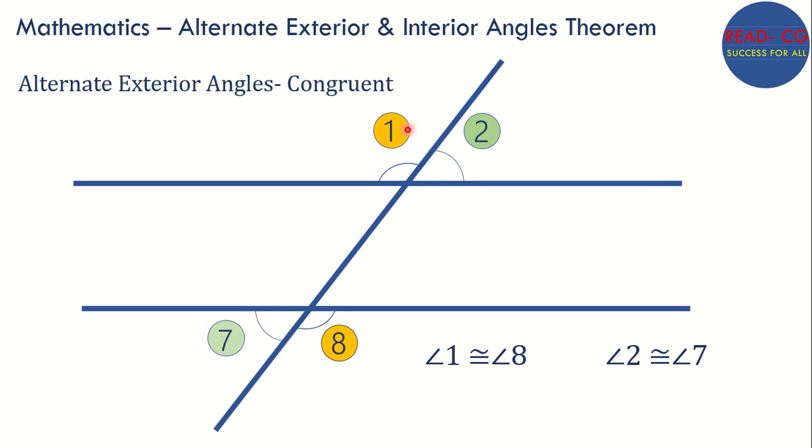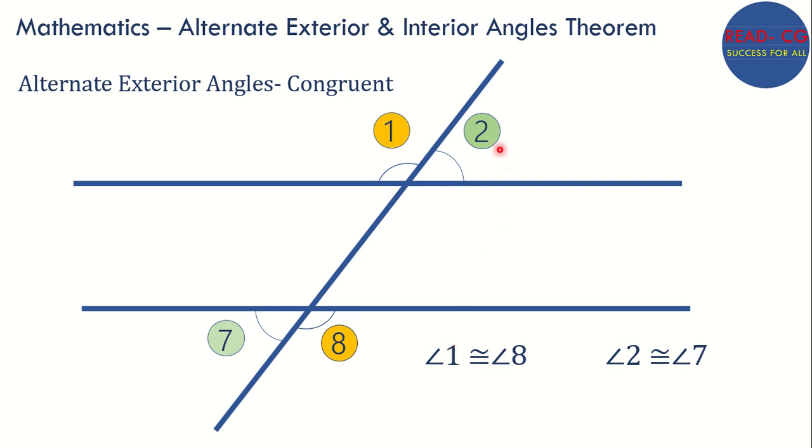So here 1 and 8, these two angles are alternate exterior angles. So here angle 1 is congruent to angle 8. So angle 1 and angle 8, these two angles are congruent to each other.